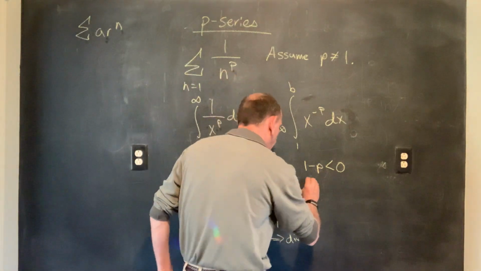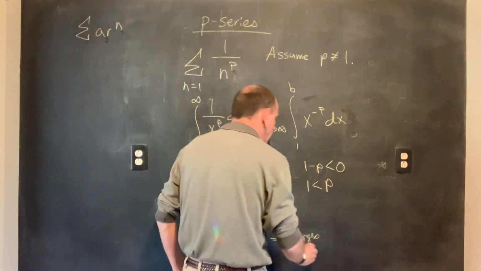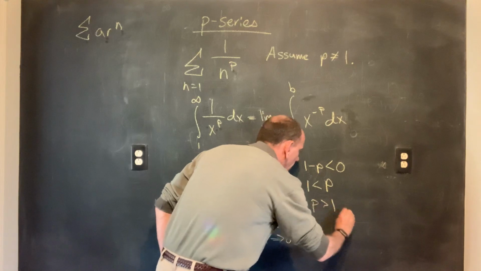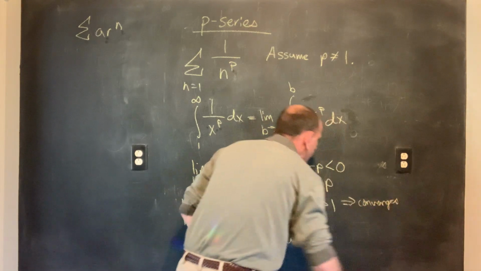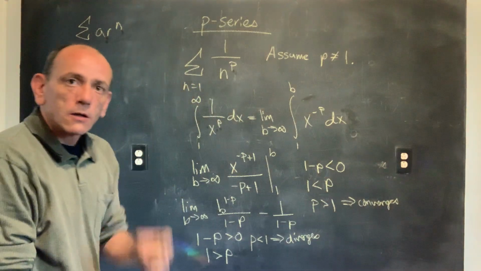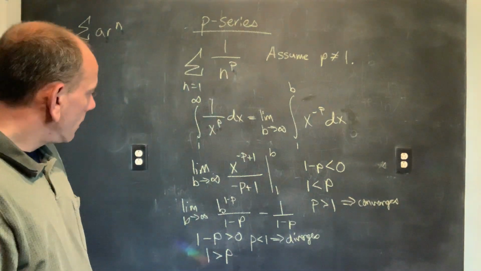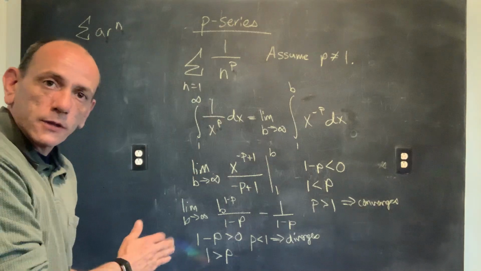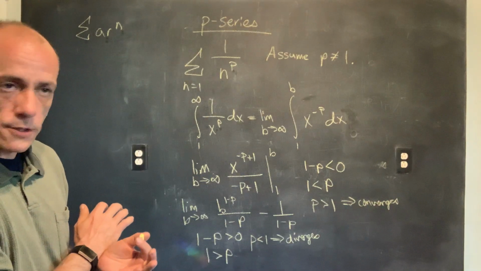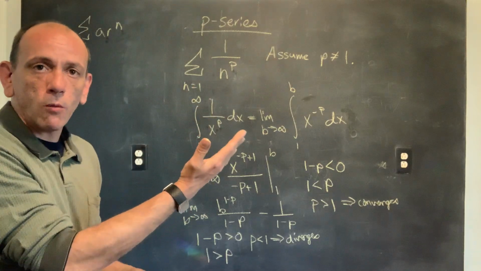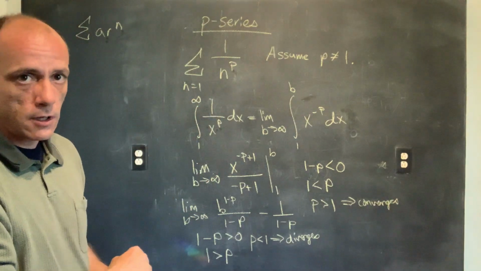So in that case, if 1 is less than p, or p is greater than 1, that implies that it converges. So we know that if p is less than 1, our p series diverges. If it's greater than 1, then it converges.